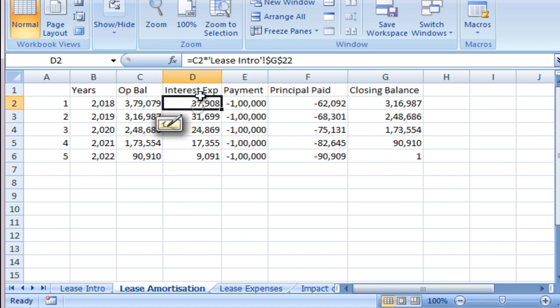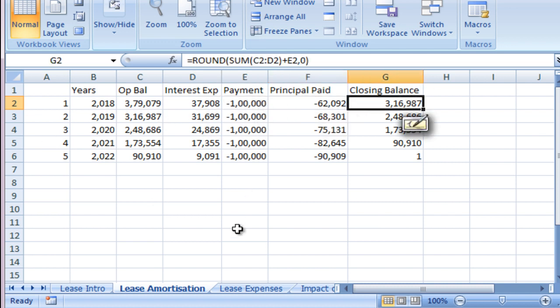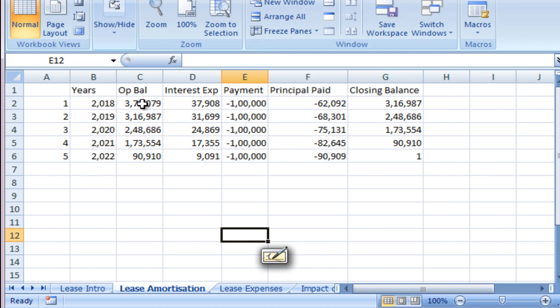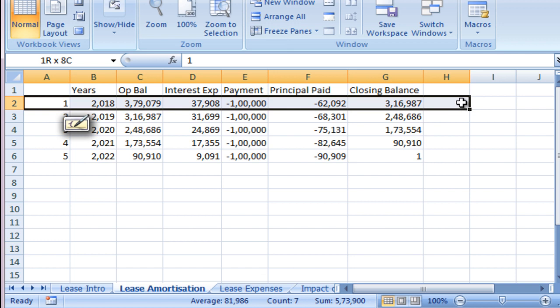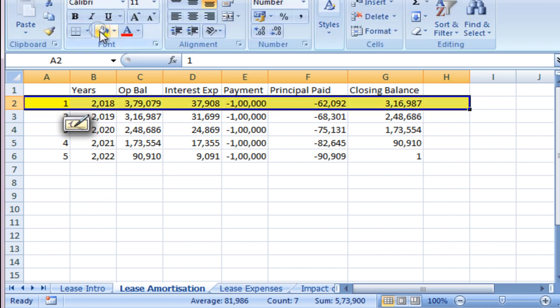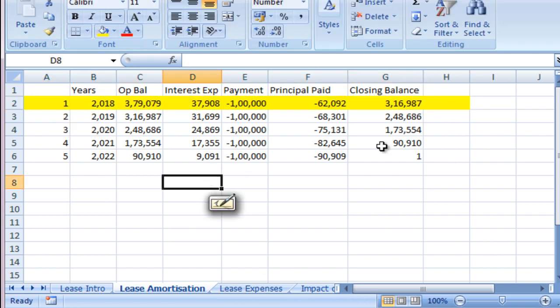This is a basic loan amortization schedule, and I'm concerned about year one because we are discussing only the current year. So I need your attention only on year one. In year one, at the beginning of the year, the total opening balance is 379,079 as a lease liability.